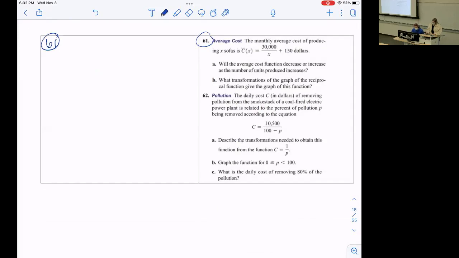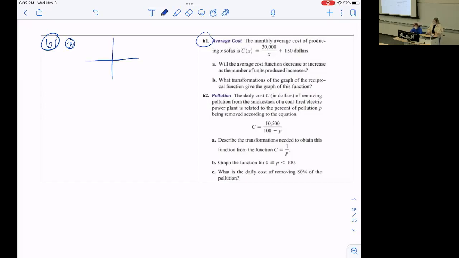Awesome, thank you. All right, so the monthly average cost of production of x sofas is C of x equals 30,000 over x plus 150. Will the average cost function decrease or increase as the number of units produced increases? Okay, so first, we can look at the graph of this function, see it visually.